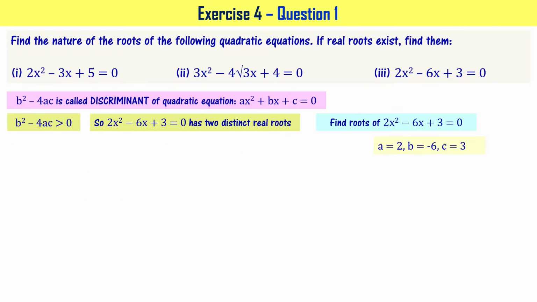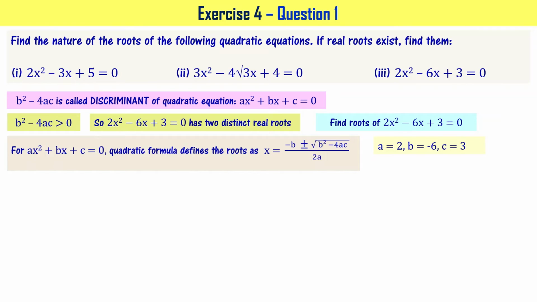To find that, we are going to make use of the quadratic formula. For ax square plus bx plus c equal to 0, the quadratic formula is defined as x equal to minus b plus or minus square root of b square minus 4ac divided by 2a, right? We have a equal to 2, b equal to minus 6 and c equal to 3.